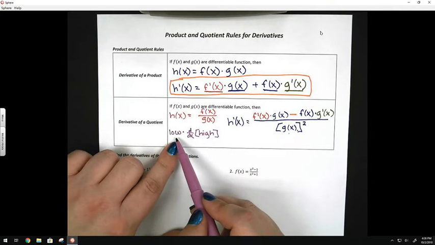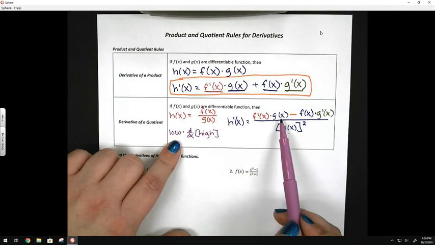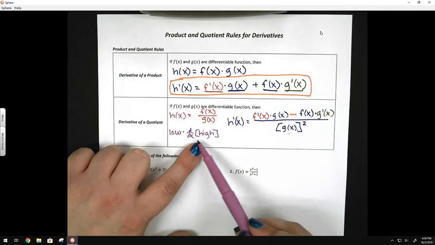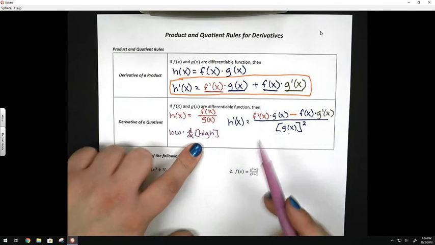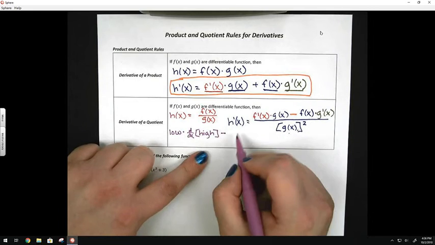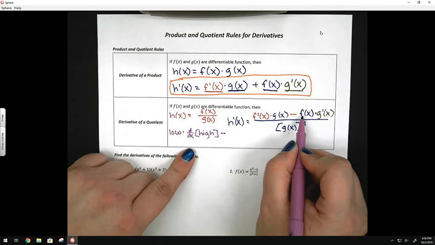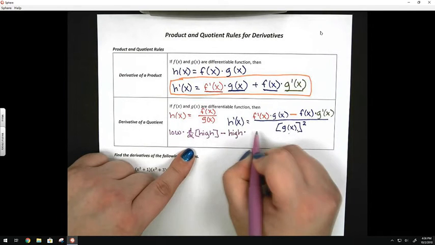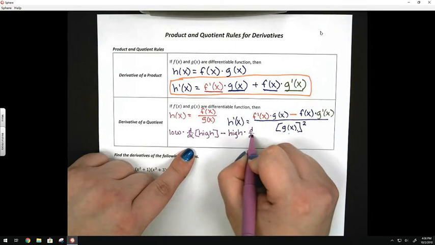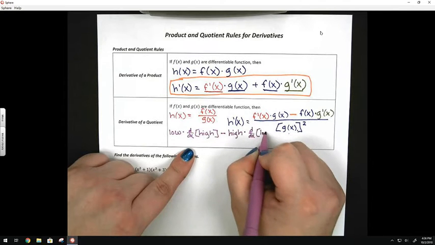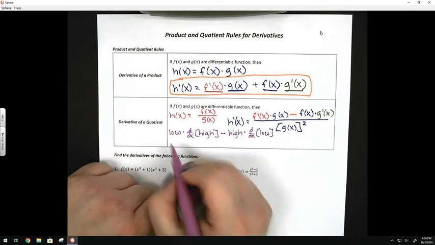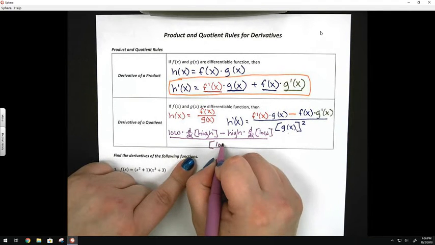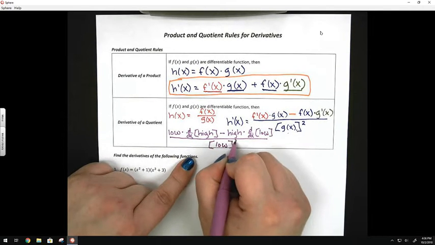So the bottom function, that's our g of x, times the derivative of the top, so times the derivative of the high, minus the high function times the derivative of the low function, so the derivative of the bottom, all over low squared.